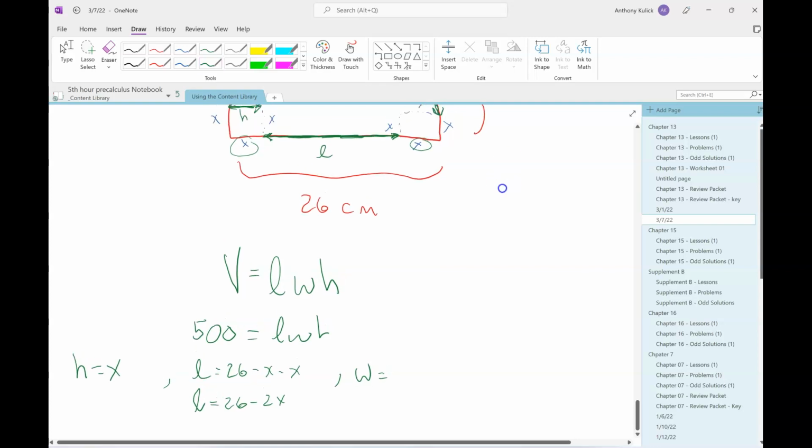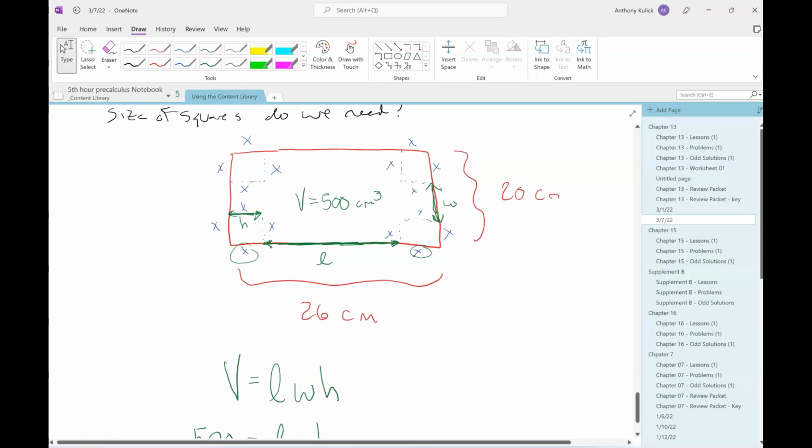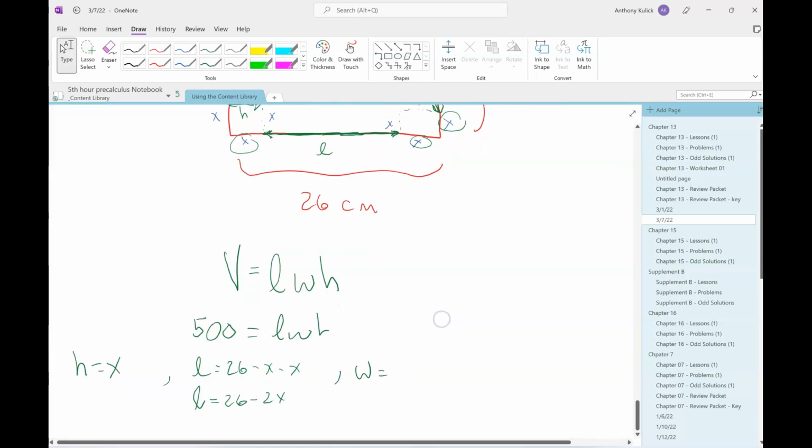How about the width? What was the length of that side of the cardboard before we did any cutting? 20. And then what did we do? Cut off 2 x's.